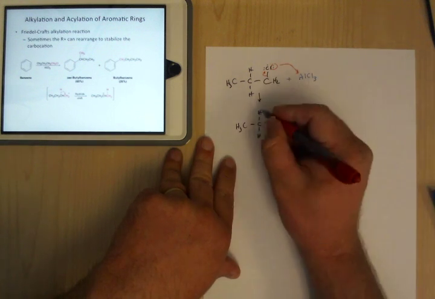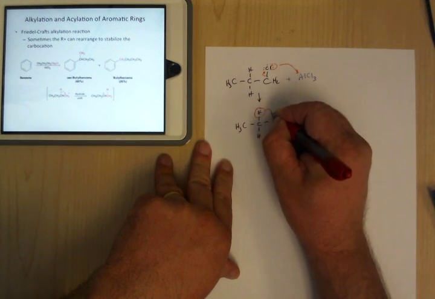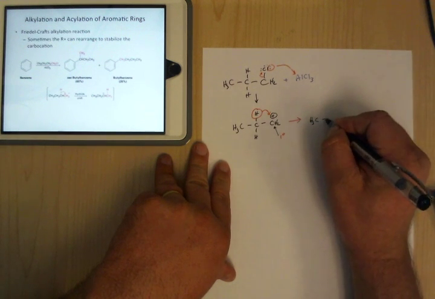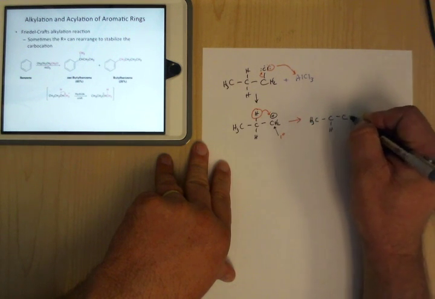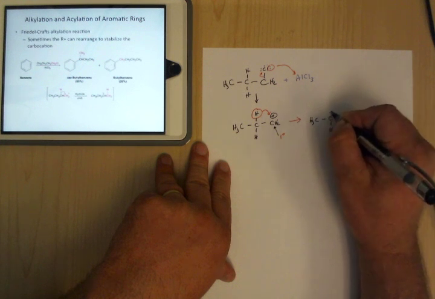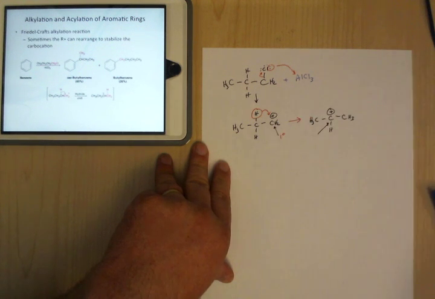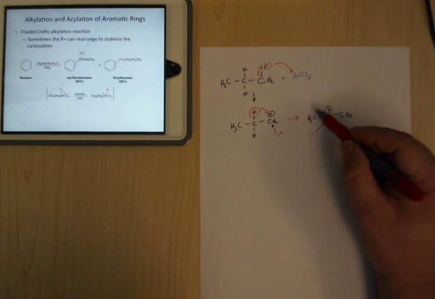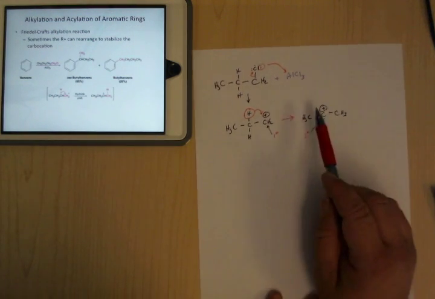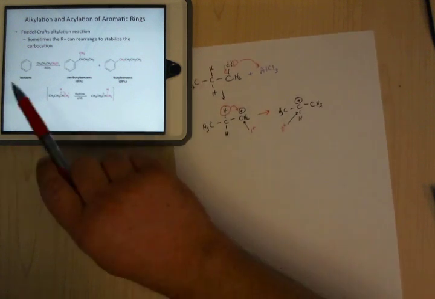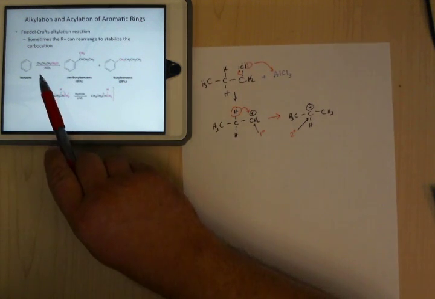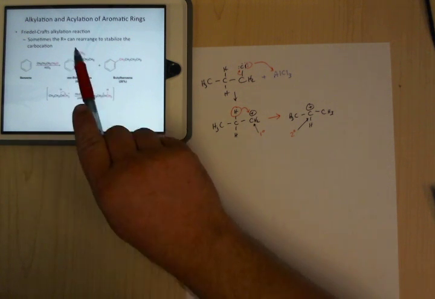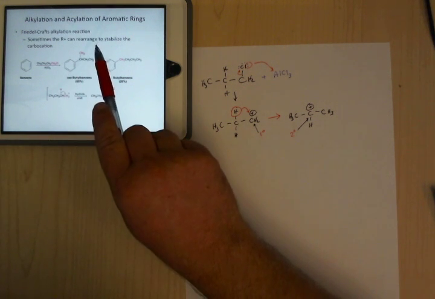Okay, so what can happen is this hydrogen can shift over there, and in doing so, it stabilizes that carbocation. Now it's secondary. That one the molecule can live with. Sometimes, particularly if you're trying to add on a primary, you end up getting the wrong carbon attachment.